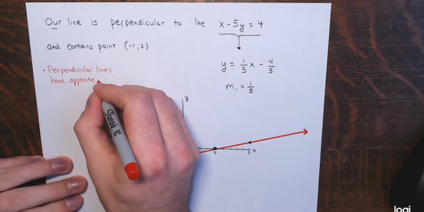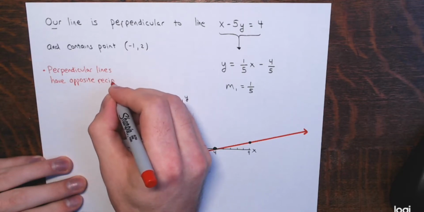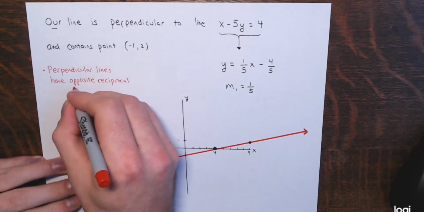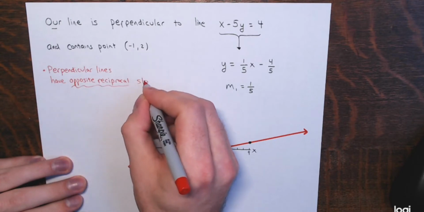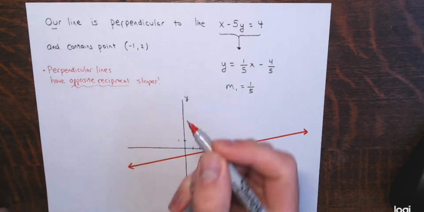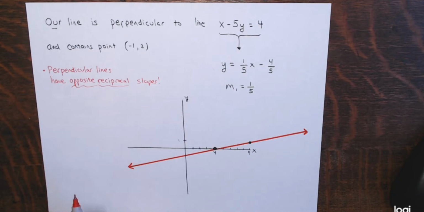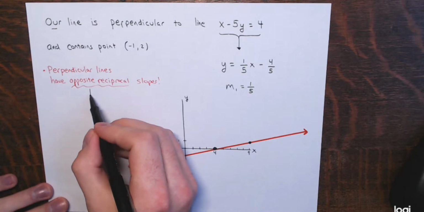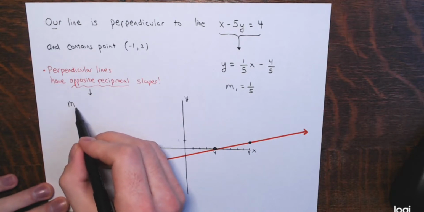I like using opposite reciprocal, but they may use negative reciprocal. Or you could also say the product of the slopes of perpendicular lines is always going to be -1. If you multiply the slopes of perpendicular lines, you should get -1. So that means the slope of our line, which I'll call M2.